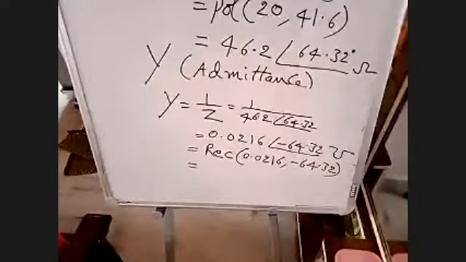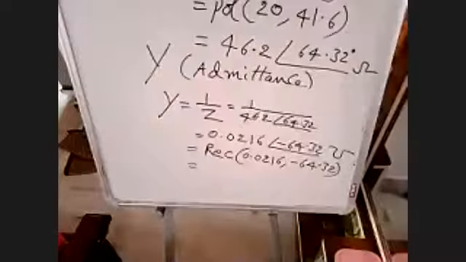Take your calculator, you see? So X equals 9.36, and Y equals minus 0.